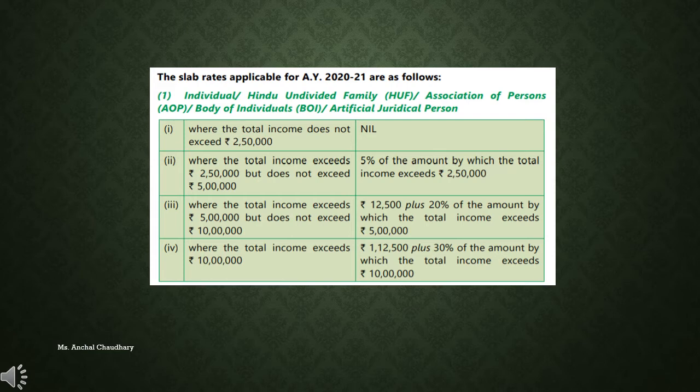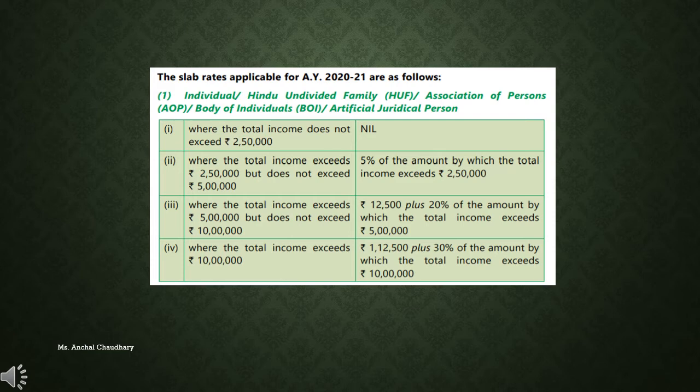So let us discuss the slab rates of taxation, which are based on the assessment year 2020-21. These are the latest tax rates applied in India. First is individual, HUF, AOP, BOI and artificial judicial person.